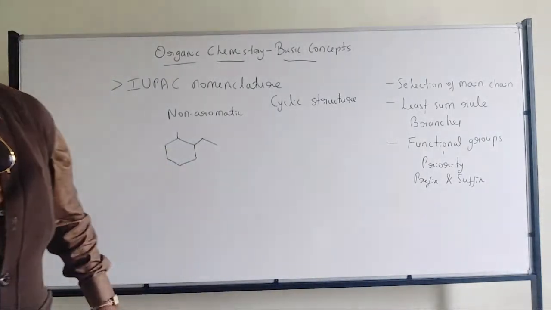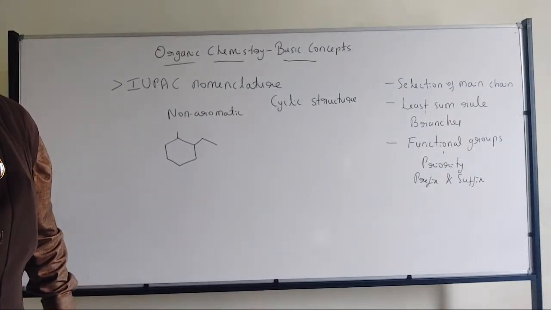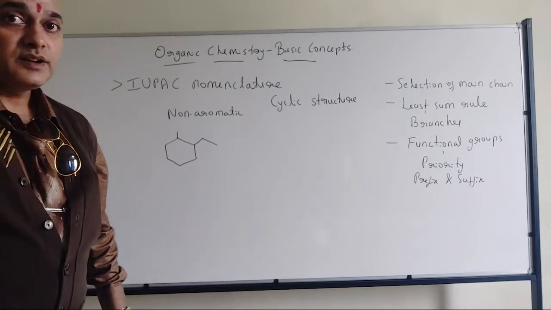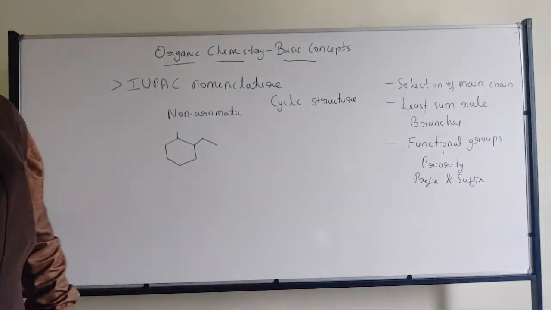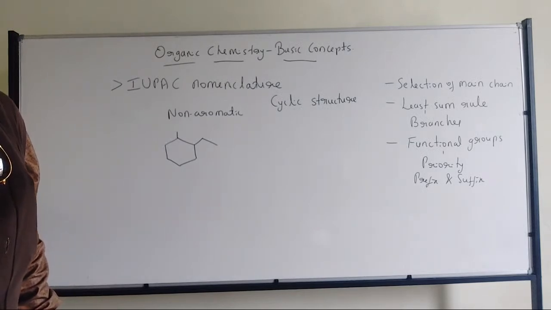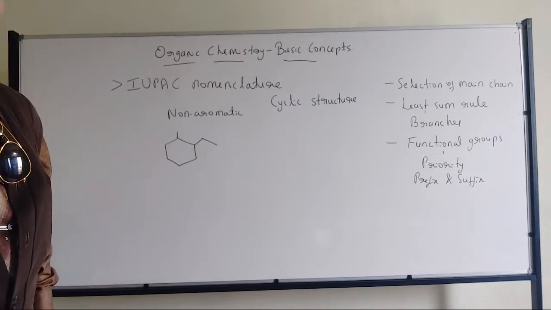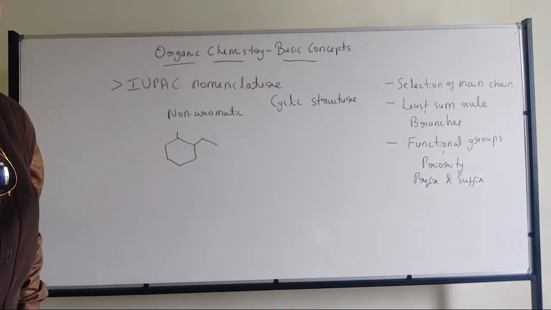Right? So this is the molecule. What should be the name of this molecule? This is the molecule I have written. We have to name this molecule. How to name this molecule?